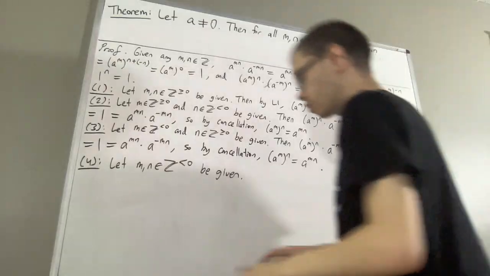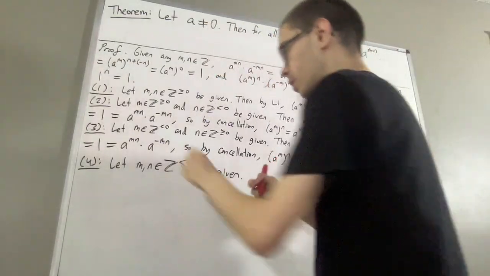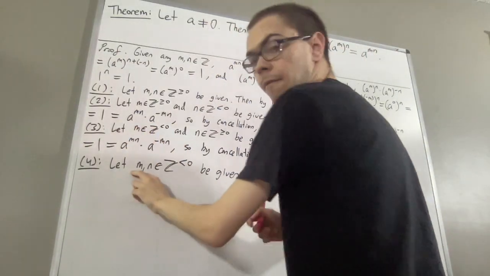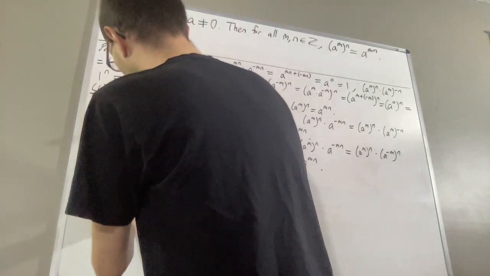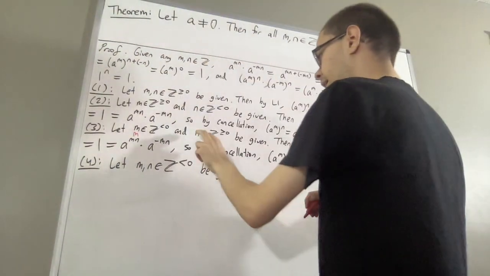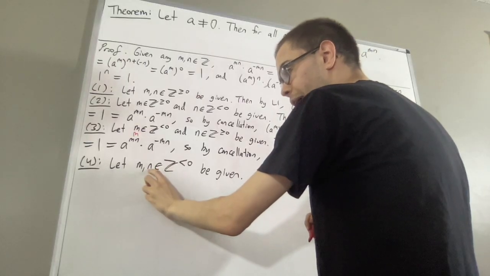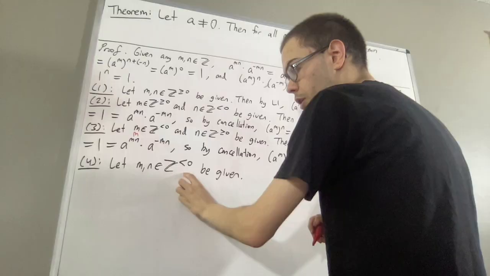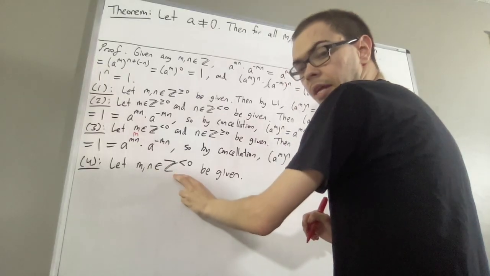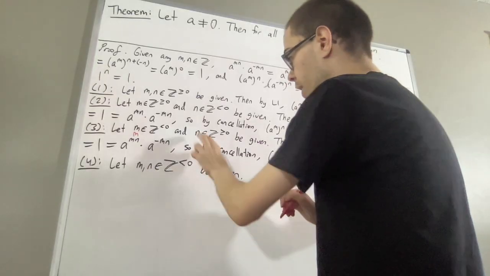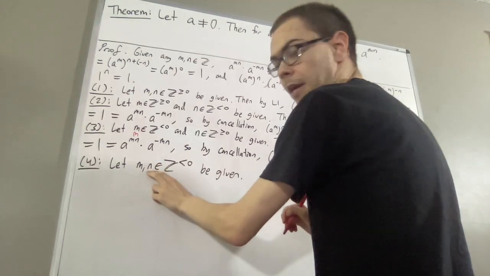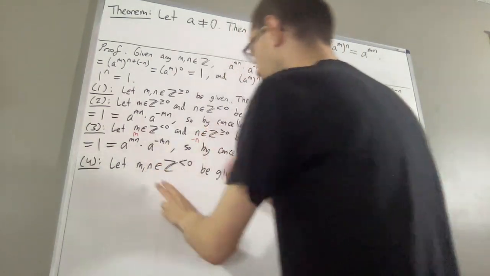So in particular, taking m to be the m we have here, and taking n to be negative n. Remember, in this case, the n we are working with is a negative integer. So negative n is a non-negative integer. So we'll take n to be negative n.